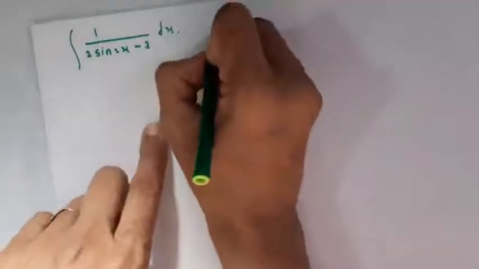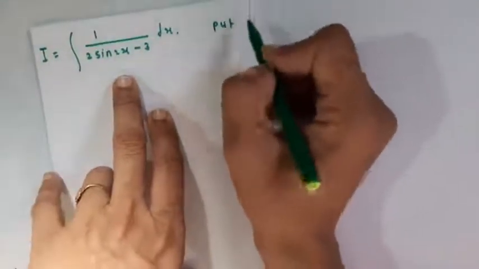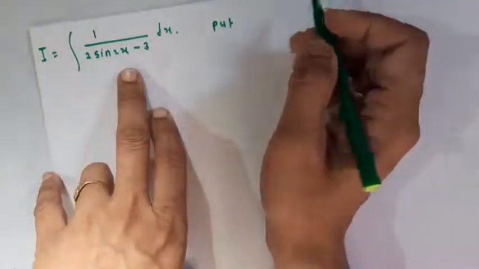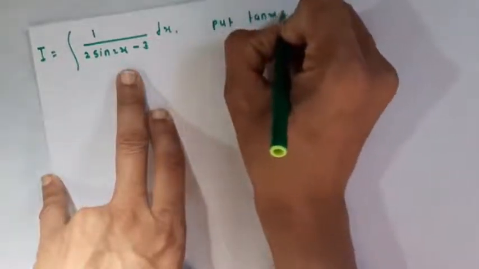Okay students, again to solve this type of integral, by using the method for integration of 1 upon a sine of 2x plus b or a cos of 2x plus b, first put tan of x equal to t.